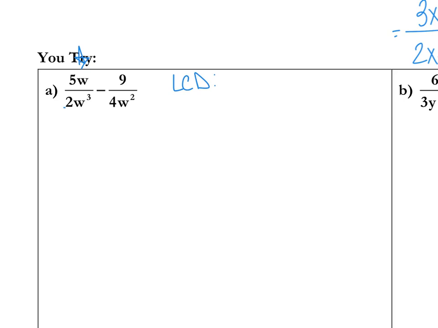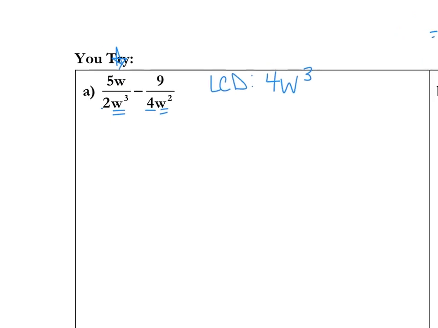So the least common denominator between the numbers is going to be 4, and then you take the highest exponent, so that's going to be w to the third. Okay. So now I need to multiply by missing parts. We didn't write that anywhere up on top, so maybe let's include that.